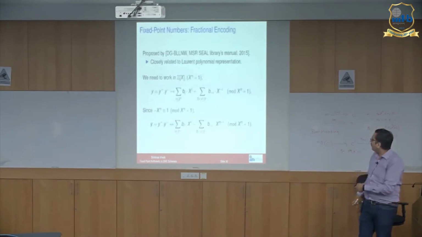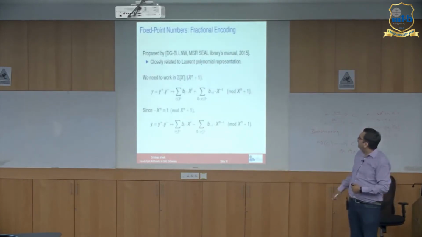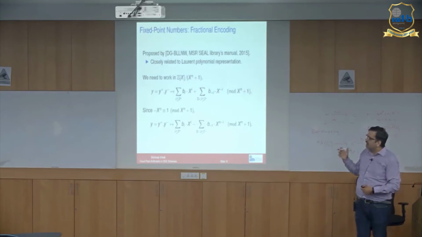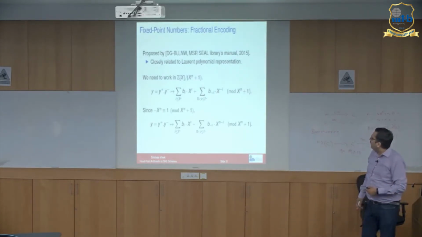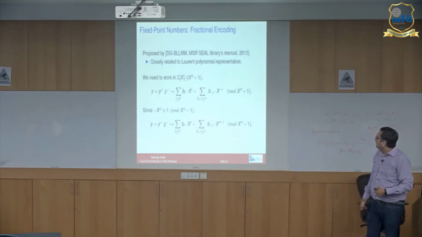Okay. And the people from Microsoft Research propose another very clever encoding scheme. Suppose we are given a fixed point number, with y plus as its integral digits and y minus as its fractional digits.